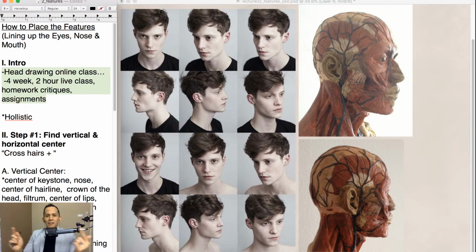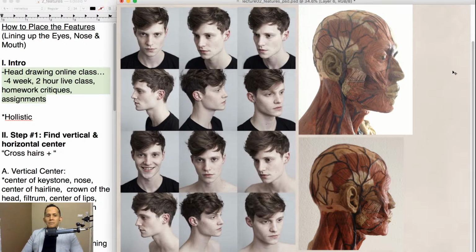Placement is also related to rhythms, and placement is also related to shape and caricature, measurement, proportion. So all of these important ideas are all related. And what we're going to talk about here basically is placement, and placement is just a small chunk. So keep that in mind when we're going through this information. This is just a small piece of a larger body of knowledge, of tools, and information.